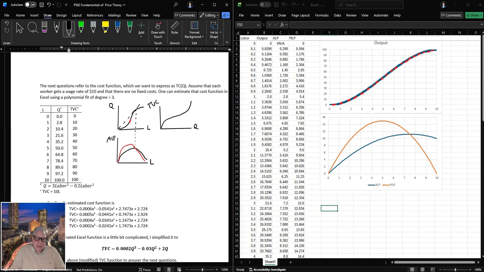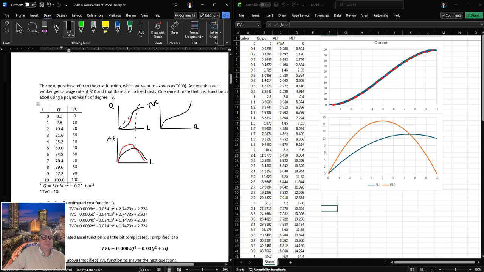So I have here taken 10 values. For labor, actually 11, when the labor input is 0, 1, 2, 3, 4, 5. And here I have picked up the respective output.